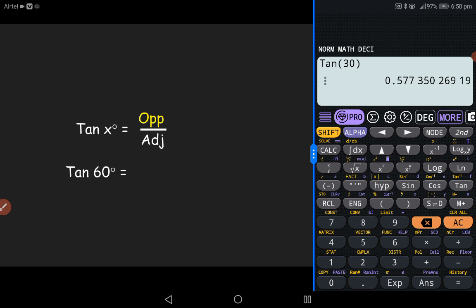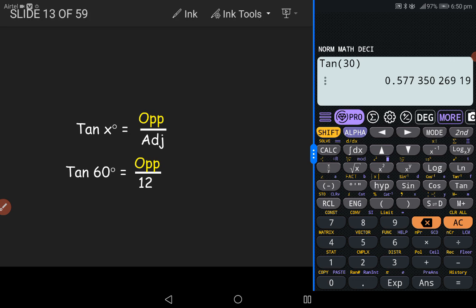The opposite side happens to be the height of the tower, and the adjacent side is given as 12 meters. So the task ahead is to calculate the opposite side, which is the height: tangent of 60 is h over 12. So we are calculating the height, h.